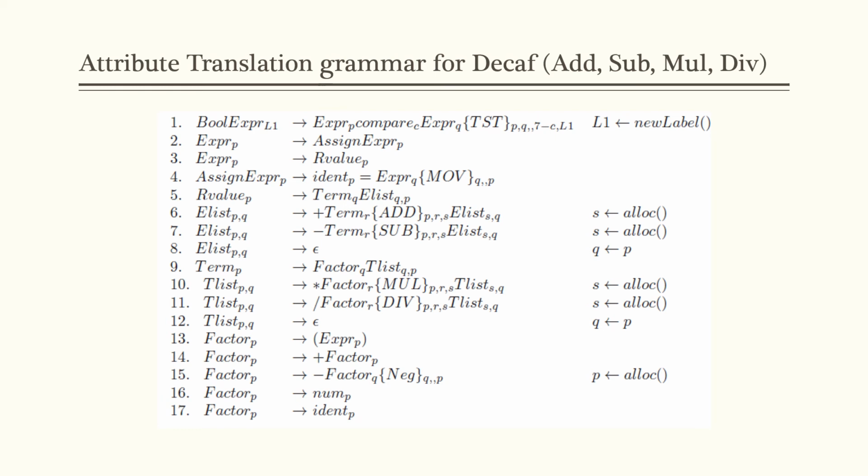When they have an assignment statement, normally they have a move operation, a move atom, and then you have add, sub, multiplication, division. For each of these mathematical operations, we need to specify the temporary storage to temporarily store the runtime value of the operation.